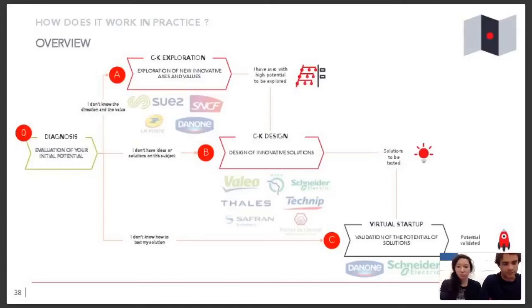The A phase is actually to start from a blank sheet of paper, like a blank area, where we want to structure the exploration by saying these are the new playgrounds that you should dig into and the knowledge that is missing to get into this playground.